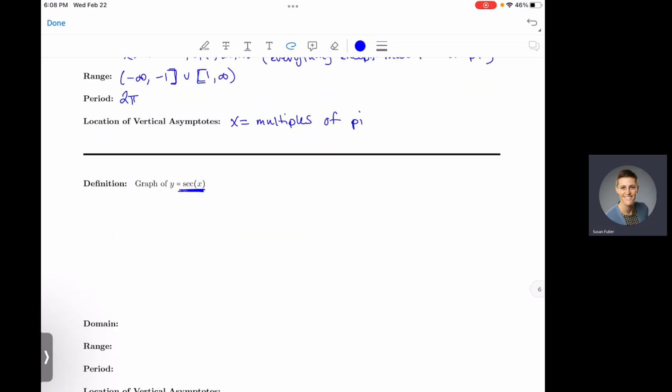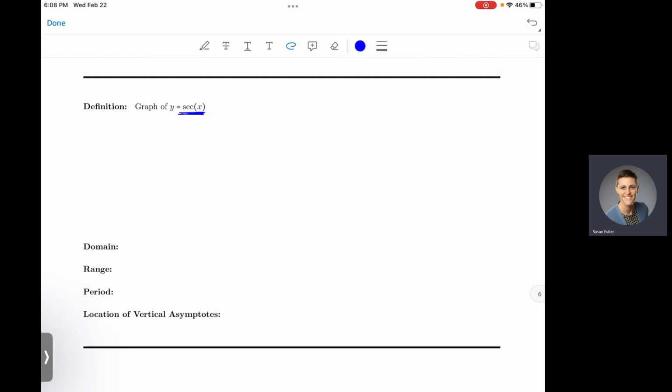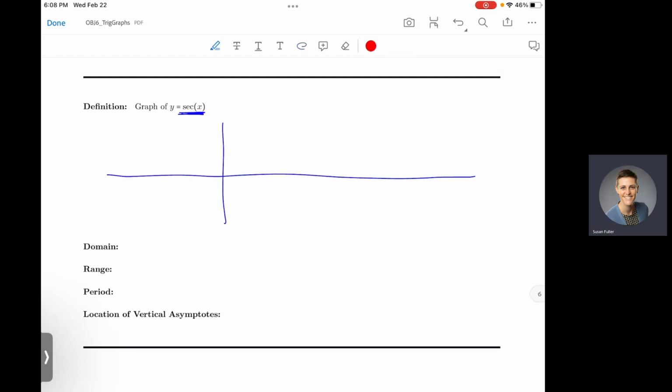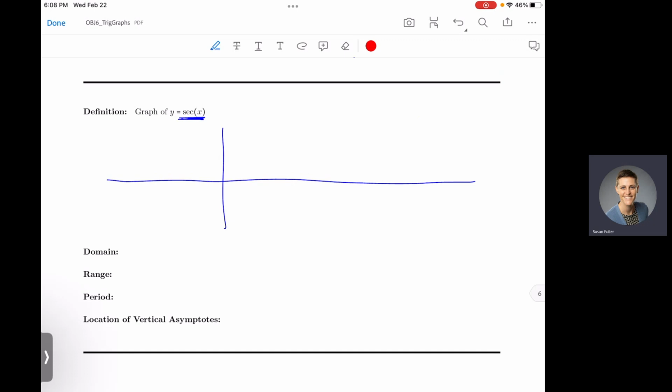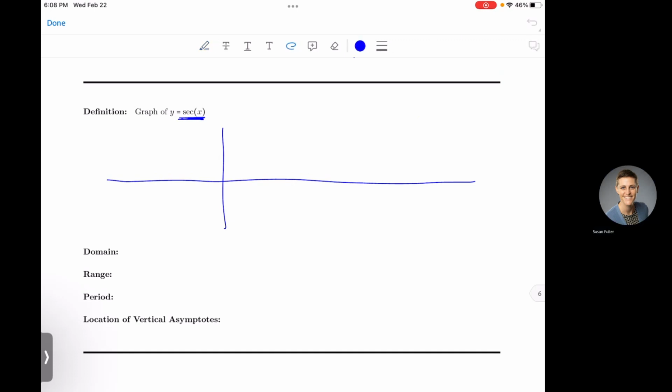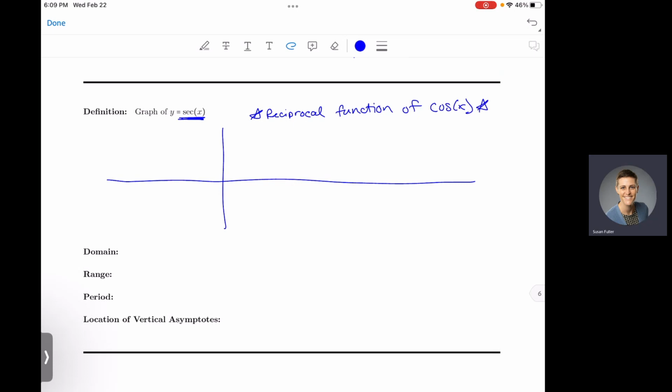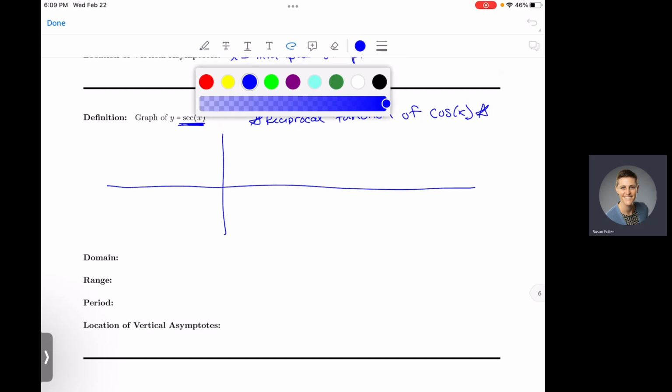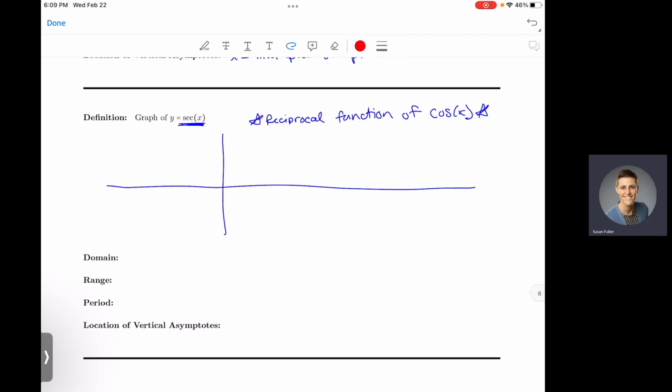Let's see what the secant function looks like. So again, we'll do it this way. And I think it's helpful. Secant is the reciprocal function of cosine. So let's start with graphing cosine the same way that we did with the sine, and I think that will help us.